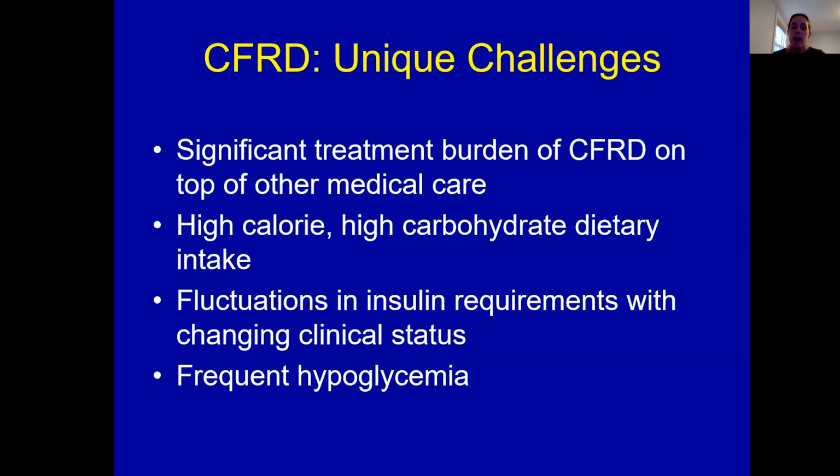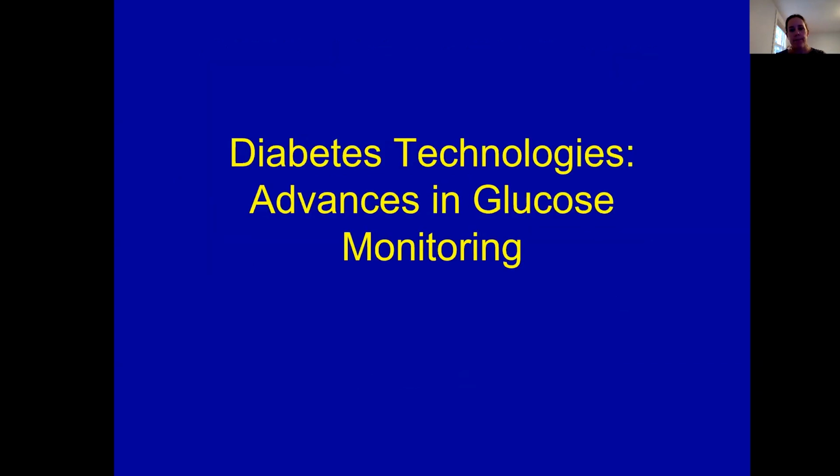And then lastly, our patients, even those without diabetes, can have frequent hypoglycemia. And it can be really challenging to treat a patient with insulin who's already having frequent hypoglycemia. And these are the challenges that we hope we can help address with diabetes technology.